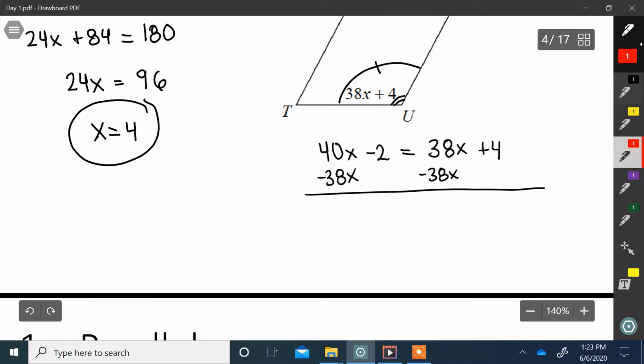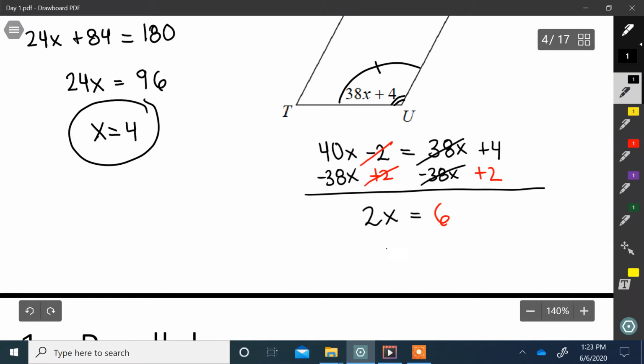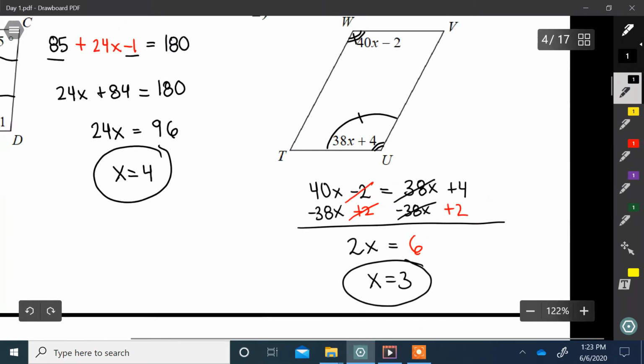And since I want to skip some steps here, I want to add 2 on both sides. Here's what's going to happen. This and this is going to cancel. 40 minus 38, we're going to get 2x on this side. Of course, this is going to cancel as well. 4 plus 2 is 6. When you divide by 2 on both sides, you're going to get 3 as your final answer.